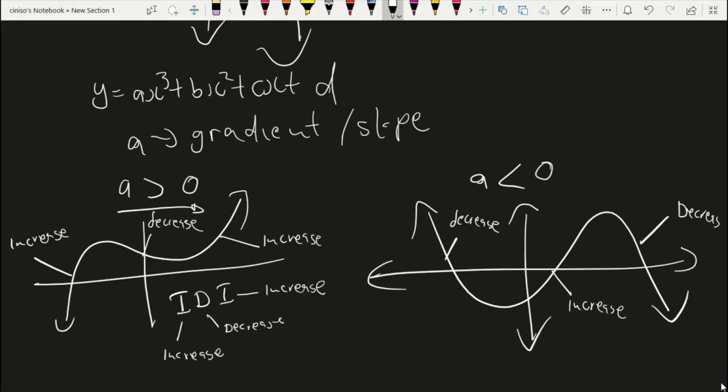So I can simply say it's DID, where D means decrease and the I means increase and the D means decrease. So for a cubic function with a less than 0, we can simply say it's DID, which means decrease, increase, decrease. It's very important.